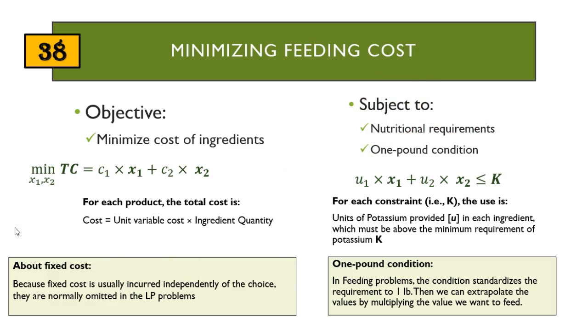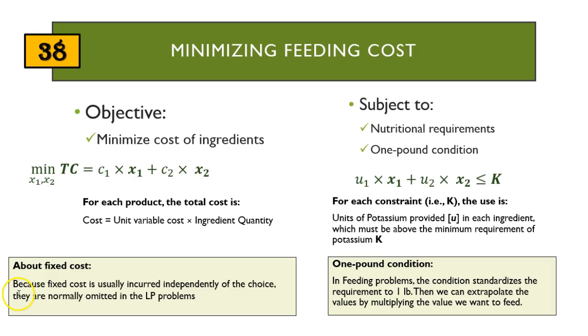In our objective function, we want to minimize the total cost, which is equal to the cost spent in each ingredient. For each product, the total cost is equal to the unit variable cost times the quantity that we are using of that ingredient.